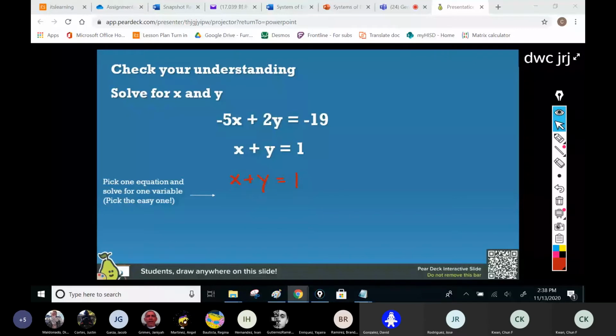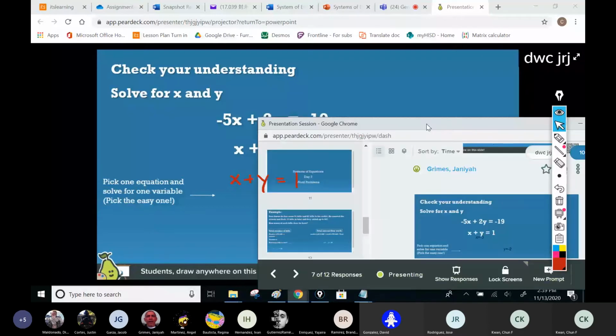All right, Justin, after you solve for x, I want you to plug that into the other equations. You solved for x already. It is -y plus 1, right? Plug that into the other equation. Go ahead and look at my screen.